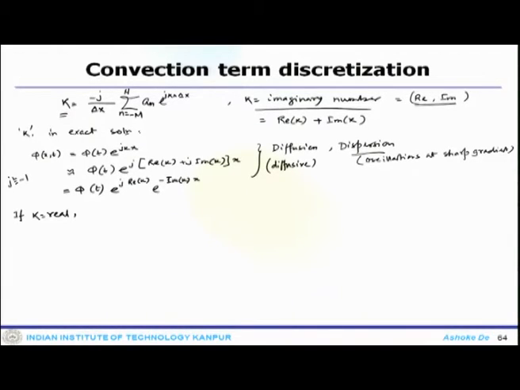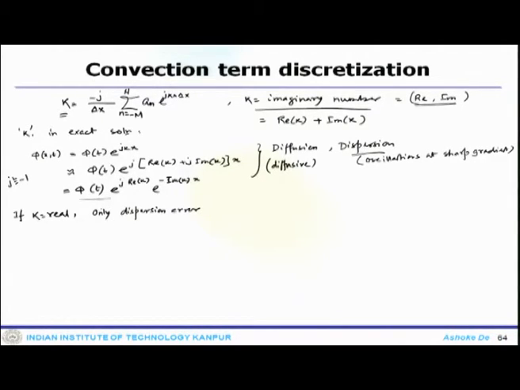So, there is no imaginary component, and the solution would be only this much. So, the error which will actually be present is only dispersion error.